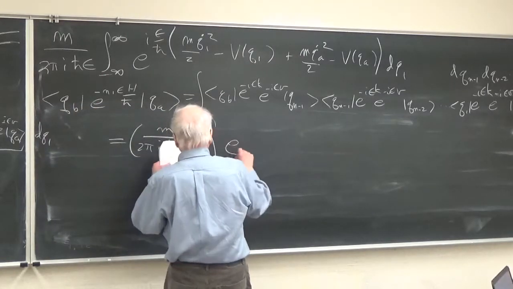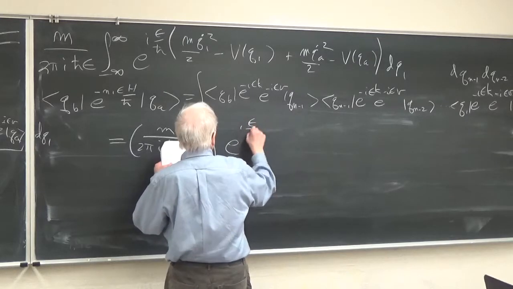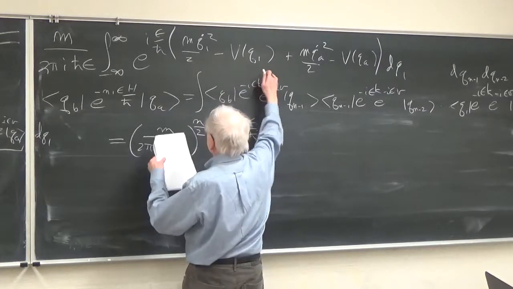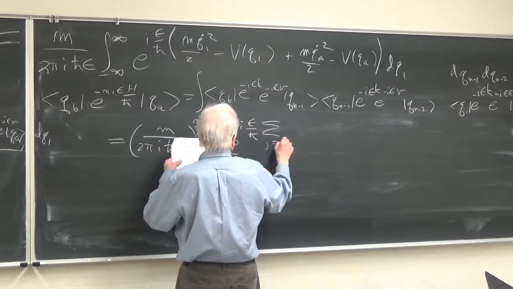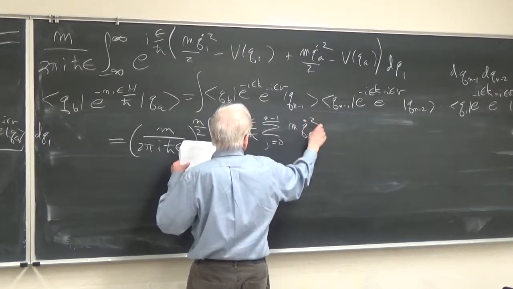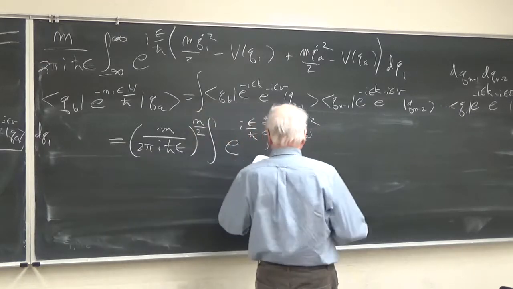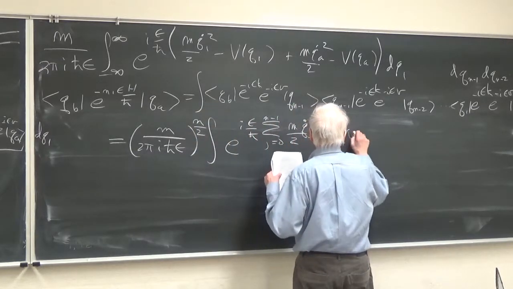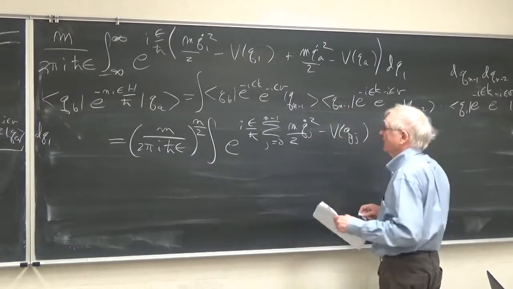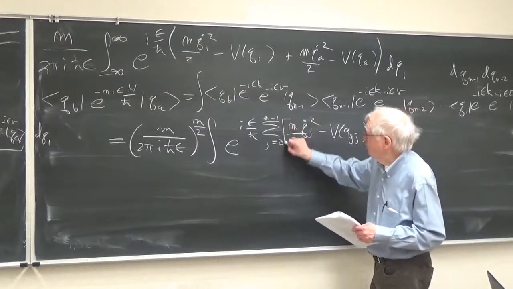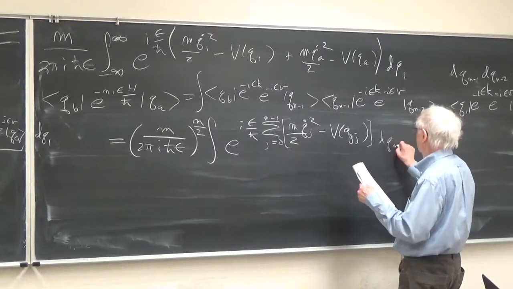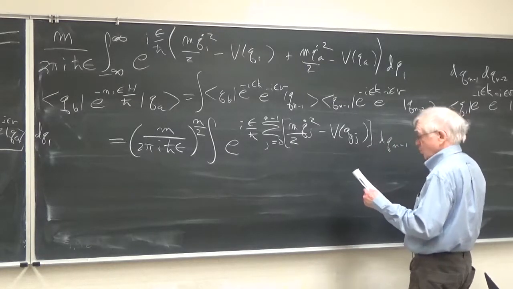And then it's going to be an integral of e^{iε/ħ} times, instead of the sum of the two of them, a sum j equals 0 to n minus 1 of [m qj-dot squared over 2 minus V of qj], and then this has to be integrated dq_{n-1} down to dq1.